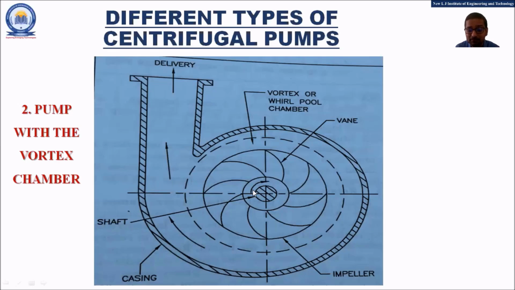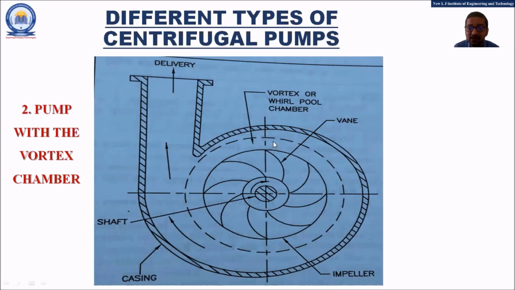If you remember, the liquid coming out from the impeller having the kinetic energy, that liquid will be first moving in the vortex chamber or the whirlpool chamber, and this is a stagnant chamber.